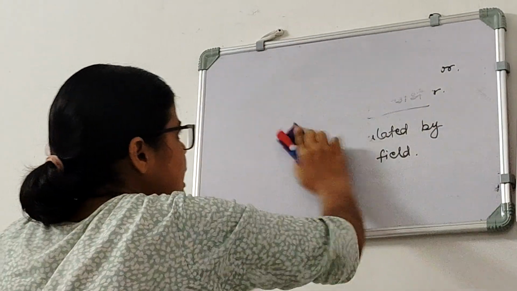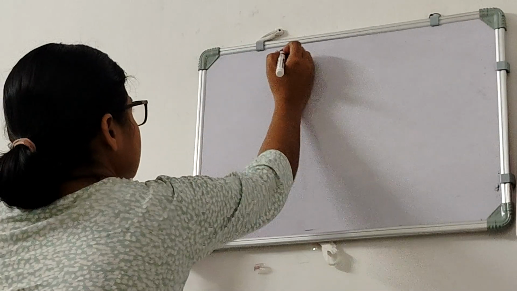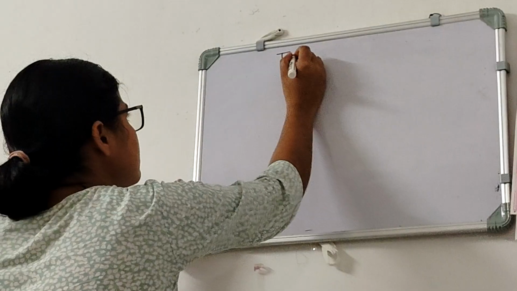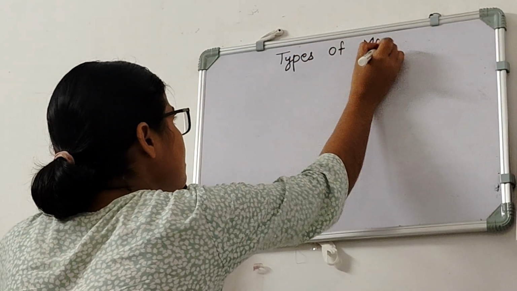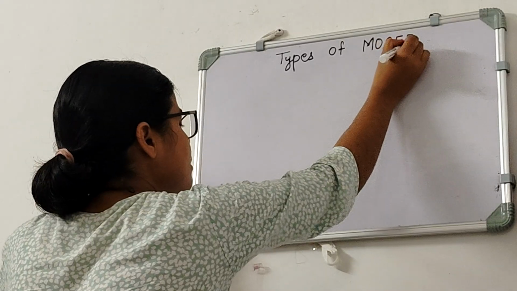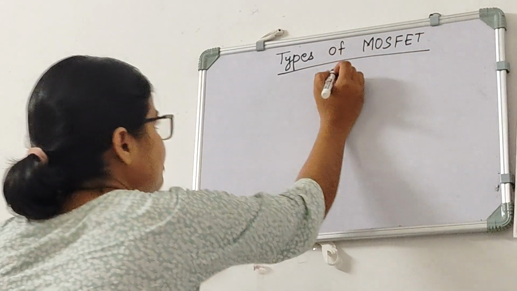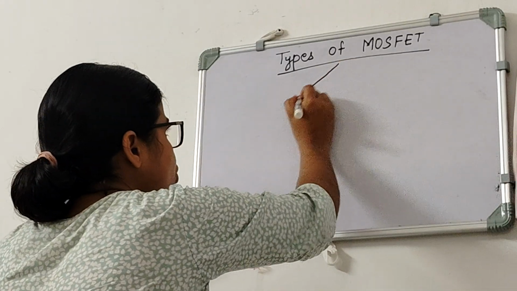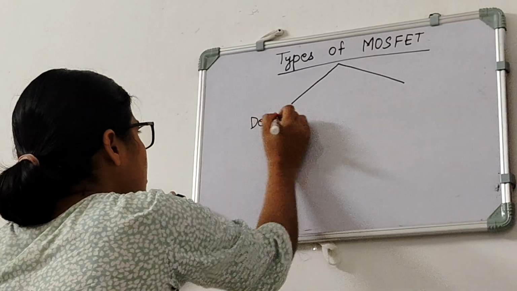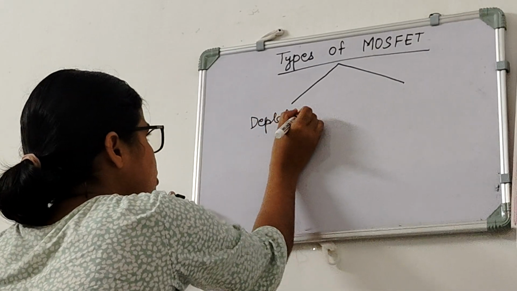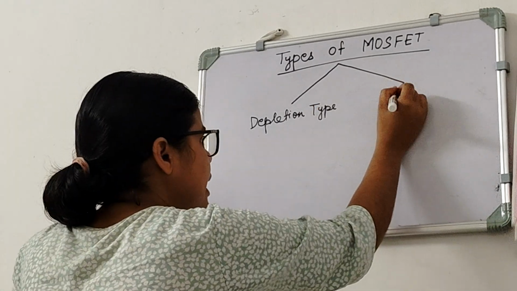Now we will see the types of MOSFET. In types of MOSFET, we first have two types. One is depletion type MOSFET, and another one is enhancement type.